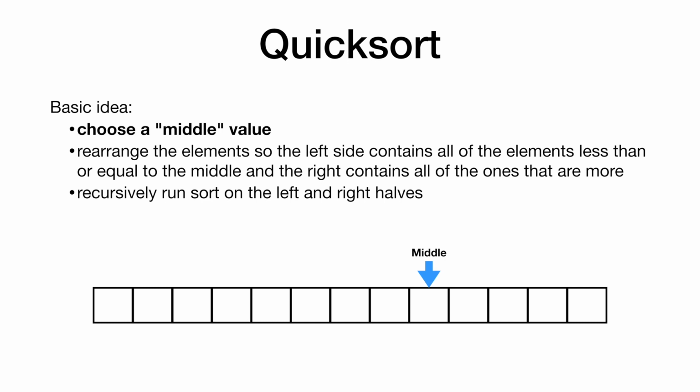And now that we have that middle value, we can decide for all the other values whether they are bigger or smaller. Let's say that the smaller values are going to be green, the bigger values are going to be red. So we can label each one of them as bigger or smaller.